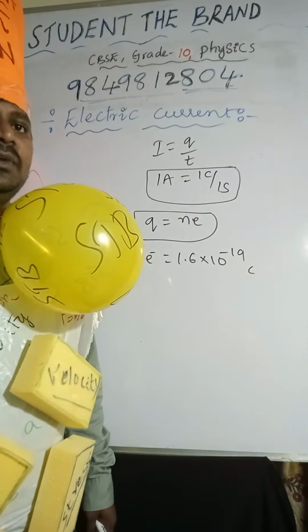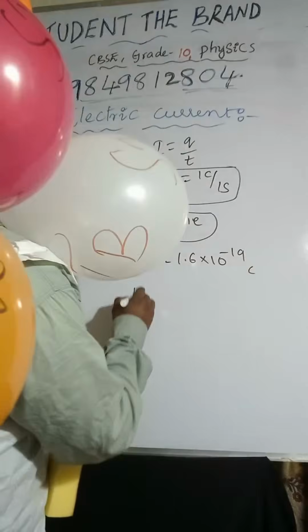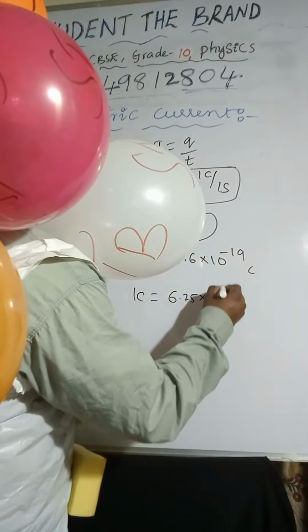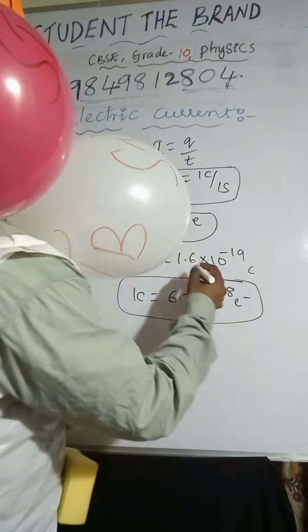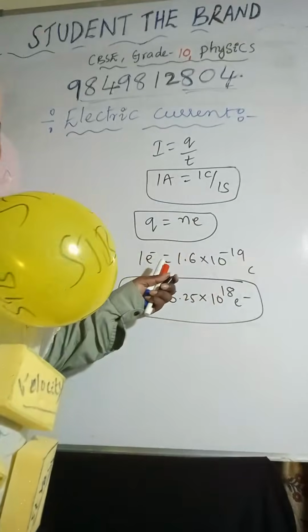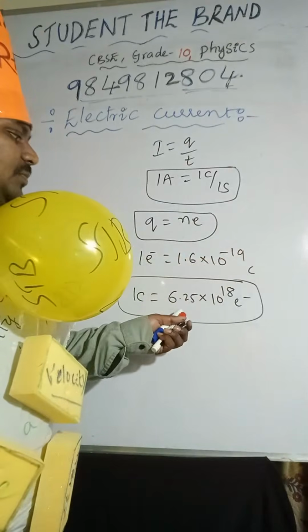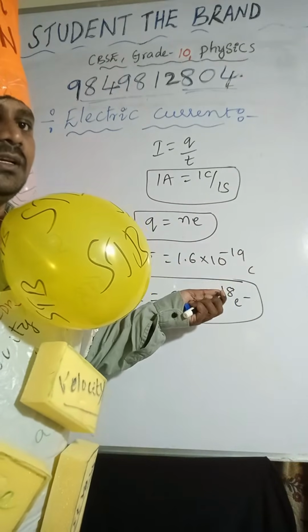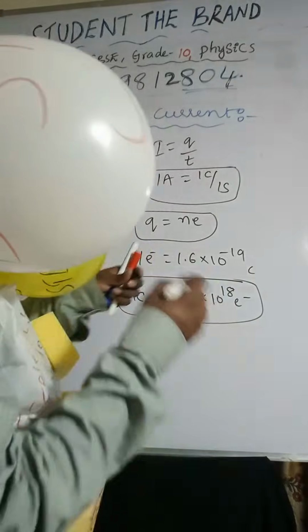In 1 coulomb, how many electrons are present? 6.25 into 10 power 18 electrons are present. This is very important, so make sure that you remember this point. Okay, so next one.